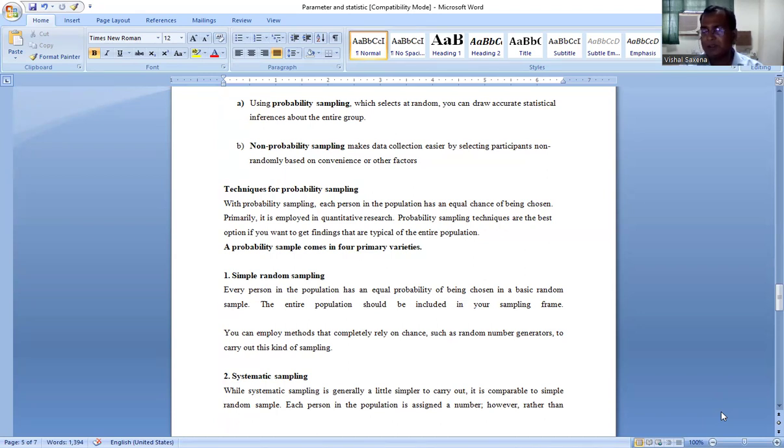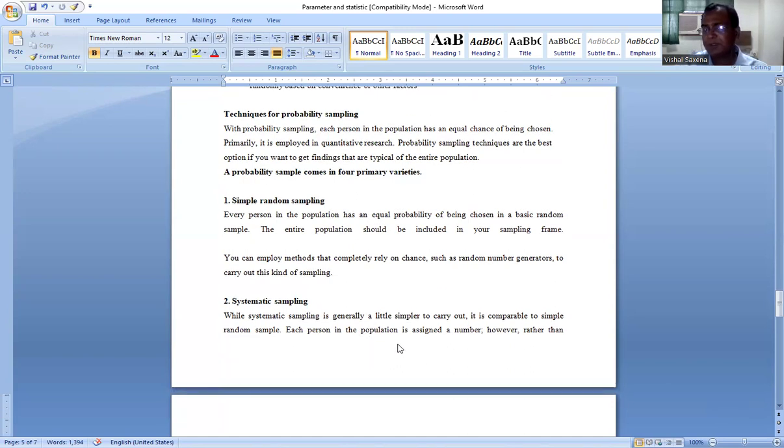It can be done by generating simple random numbers for the population, and then it can be done for the whole sample. It is the easiest way to make a sample, and sometimes it is very good.